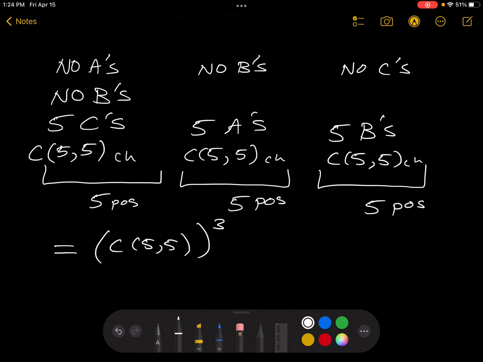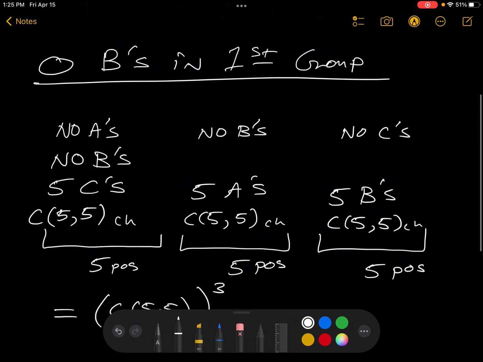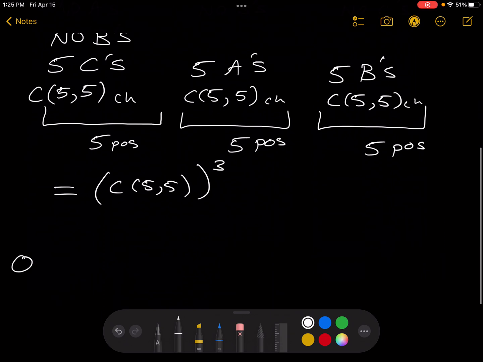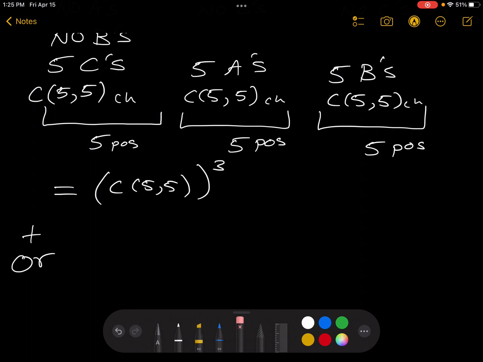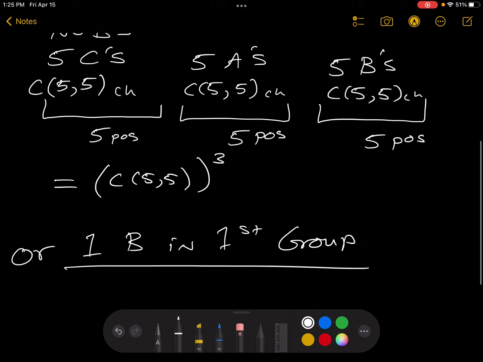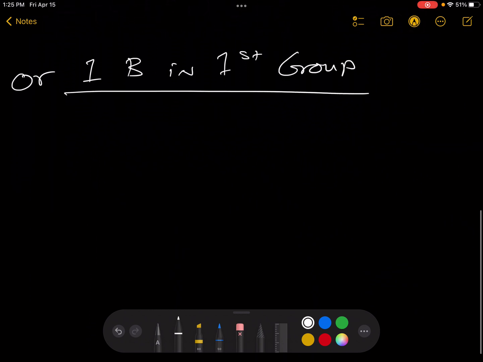All right, now we're separating this into different possible cases. So it's like 0 B's in the first group, or, remember, or is thought of as plus with these counting problems. So, or 1 B in the first group. Okay, so 1 B in the first group, we'll set this up the same way.